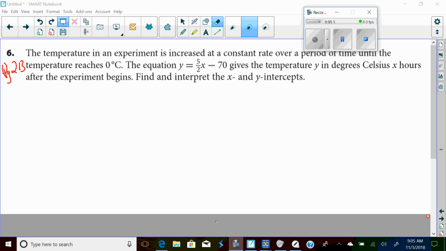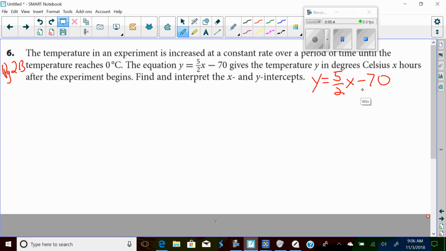Okay, let's take a look at this example. So right now we have the equation already, y equals 5 over 2x minus 70. And what we want to do is go ahead and put it in standard form. So to do that, I'm going to get the number by itself. So I'm going to rewrite this equation. y is equal to 5 over 2x minus 70.